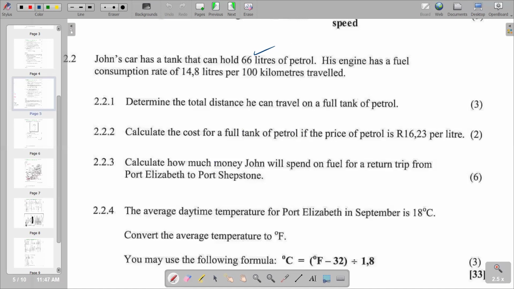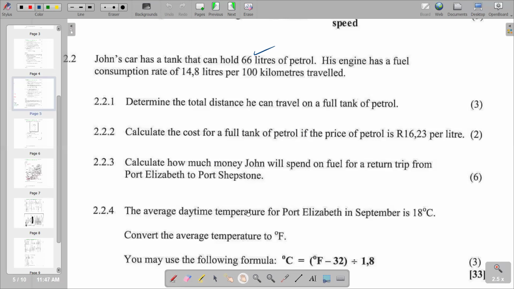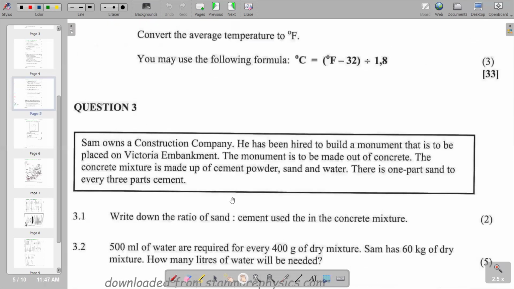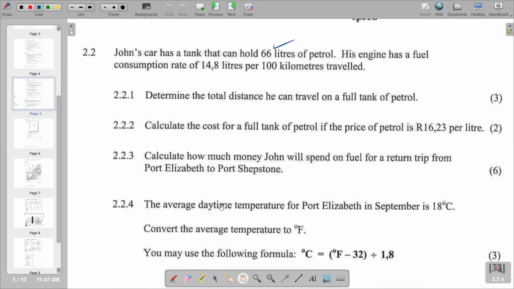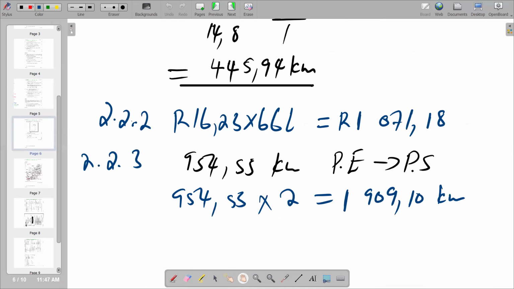We have an equivalence that we are given: 14.8 liters is equal to 100 kilometers.